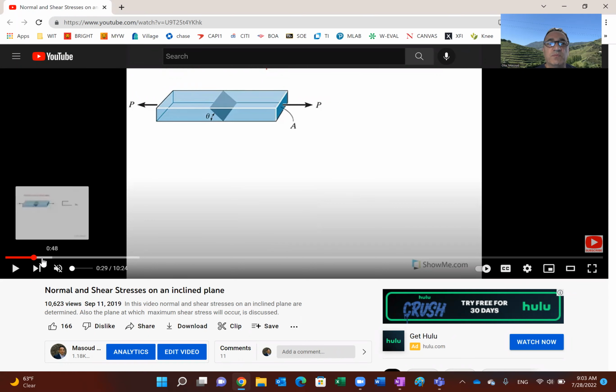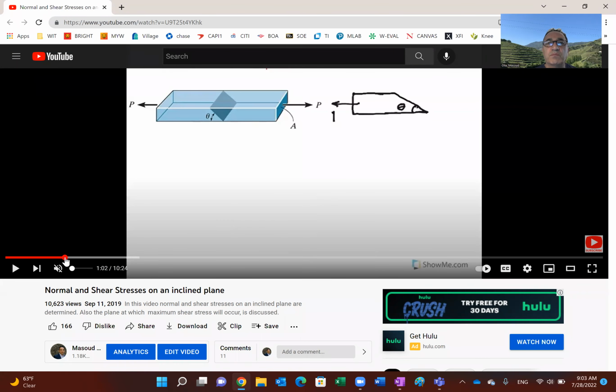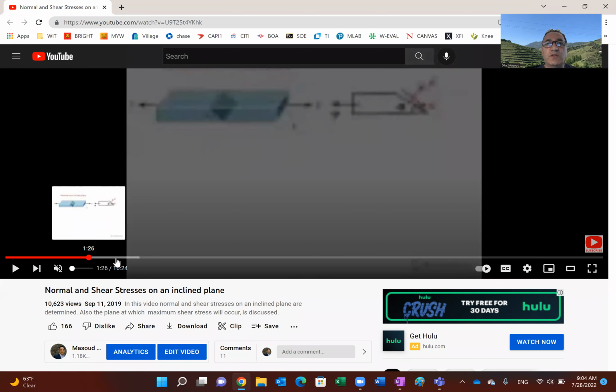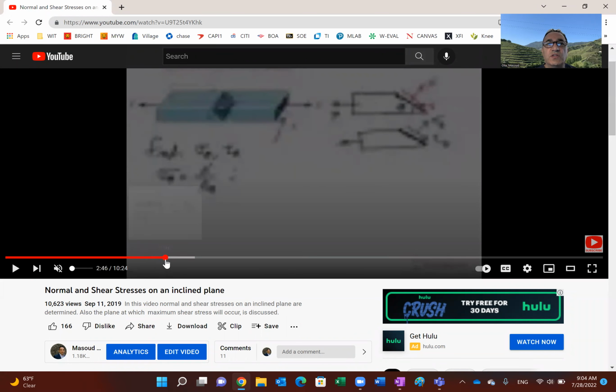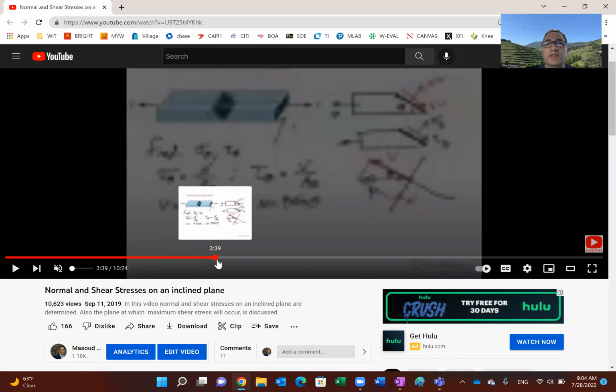This is obviously important when pieces are bonded together at an angle, or for natural blocks of wood where the grain is not necessarily along the axis, but along some angle. I went through this video and showed you how to figure out the normal and shear stresses developed on that plane.